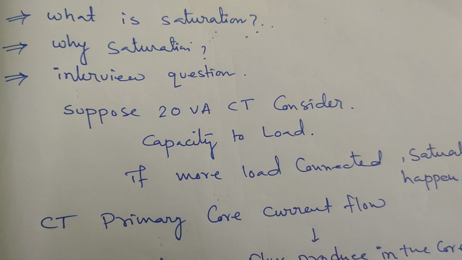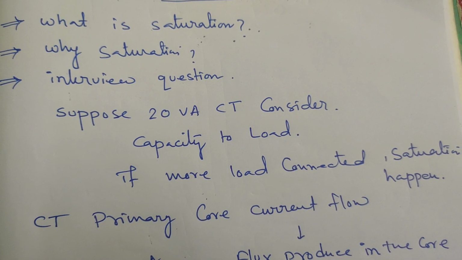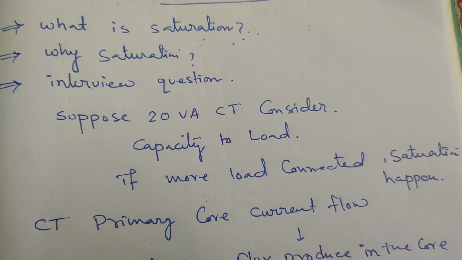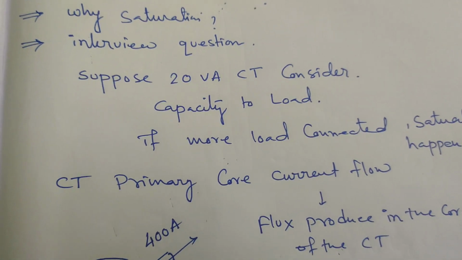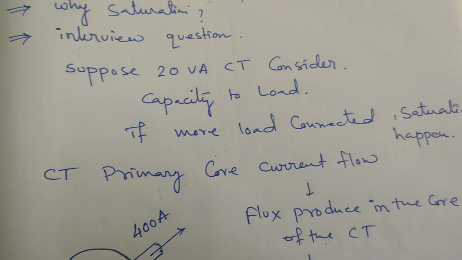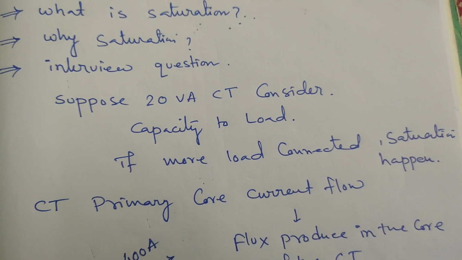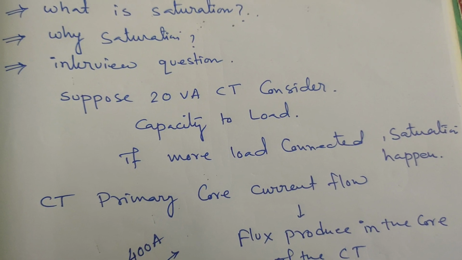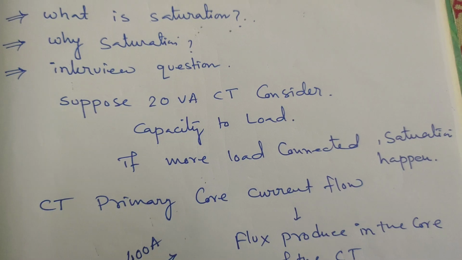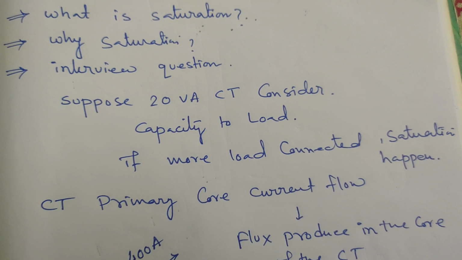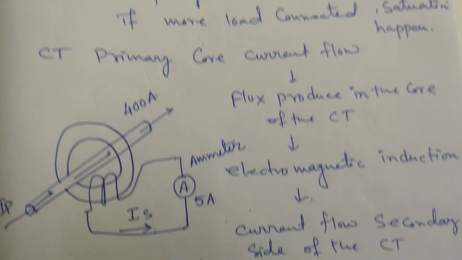High current, especially during fault conditions, can overwhelm the core material's ability to handle the magnetic flux, leading to saturation. DC offset: fault current often contains a DC component, which can create a permanent magnetic flux in the core. This DC component combined with the AC component of the fault current can quickly drive the core into saturation.